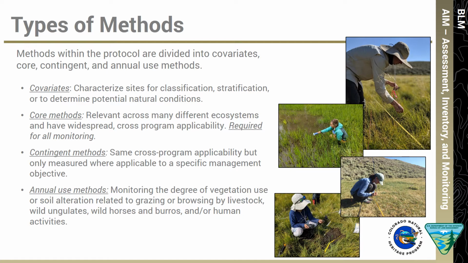They are required for all monitoring. Contingent methods have the same cross-program applicability, but are only measured where applicable to specific management objectives. Annual use methods are included for monitoring the degree of vegetation use or soil alteration related to grazing or browsing by livestock, wild ungulates, wild horses and burros, or human activity.